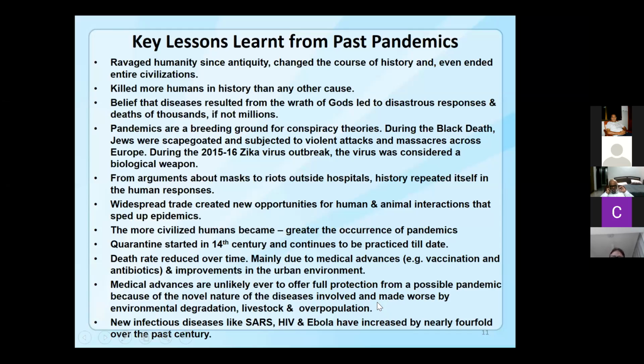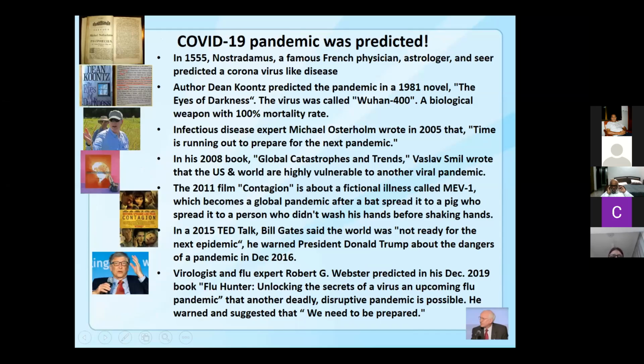New infectious diseases like SARS, HIV, Ebola, MERS have all increased by nearly fourfold over the past century. Now, remember, I was telling you the COVID-19 pandemic was not totally unpredicted. We knew a pandemic like COVID-19 would occur.